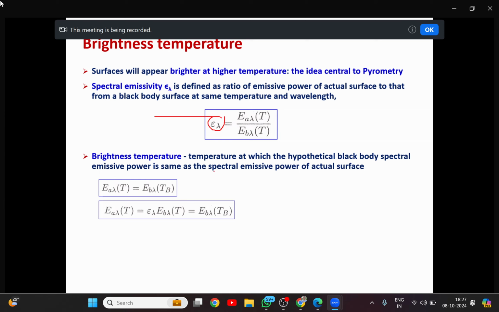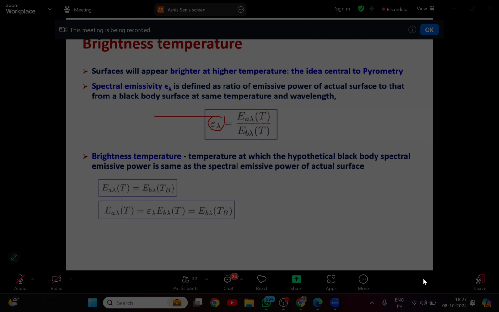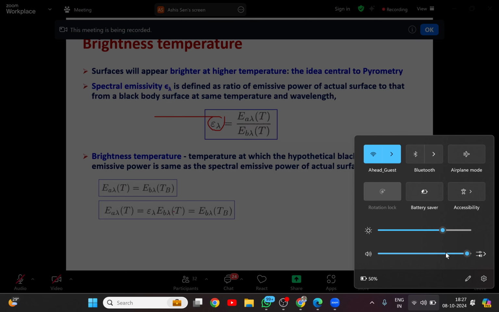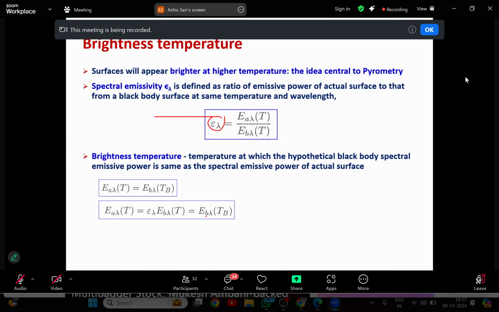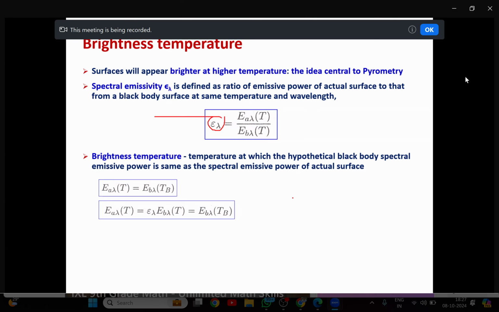Already you know that the emissive power of the actual surface at a temperature is epsilon lambda, the emissivity, times EB lambda at T. And this is equal to EB lambda at TB.